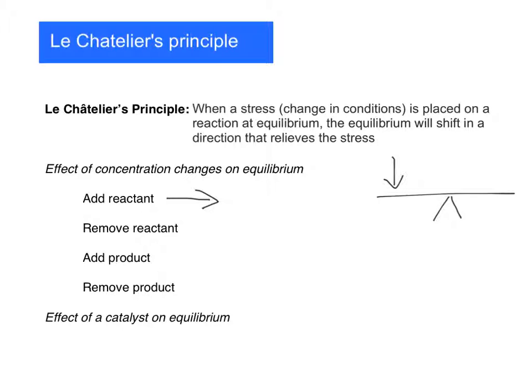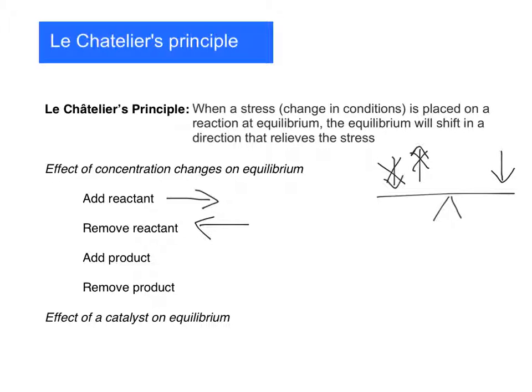Now, if we remove a reactant, that is going to be the opposite, right? So instead of adding something here, we're going to take something away, all right? Which means that now we have too many products for our equilibrium because there's not enough reactants there anymore. And so this change would be the opposite, as you would expect, and it will be a shift to the left, okay? If we add product, that's shifting it this way.